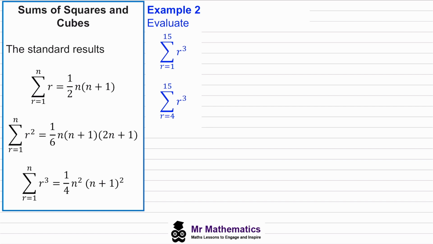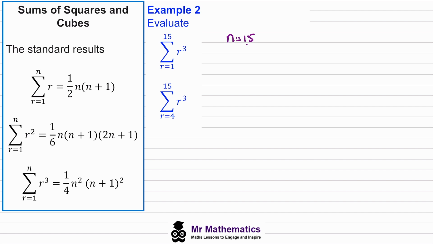Okay, so if we look at example 2, we've been asked to work out the summation between the first and the 15th term of r cubed. And to do this, we're going to use this formula in terms of n. And you can see for n in this example, n will be 15. So we'll say that n equals 15.